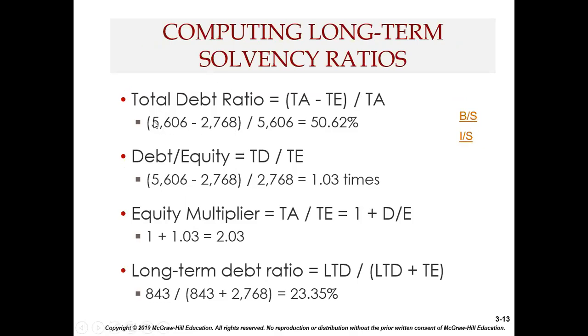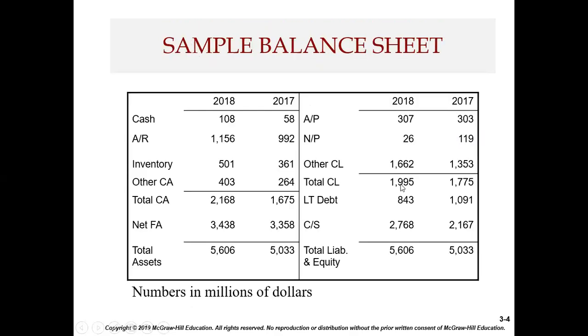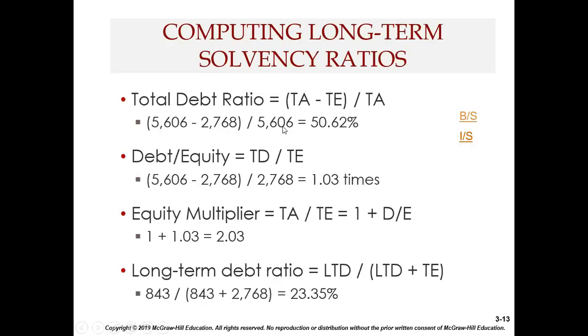So the total debt would be 5606 minus 2768, or if you took 1995 plus 843 from your balance sheet, and divide that by total assets. So 50.62% of our assets have debt attached to them, or we owe on 50.62% of our assets. I don't know if that's good or bad.